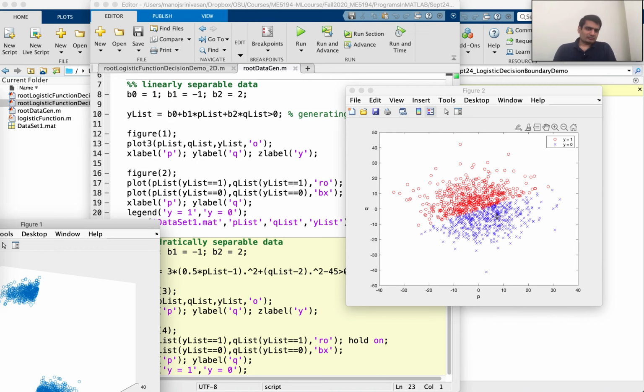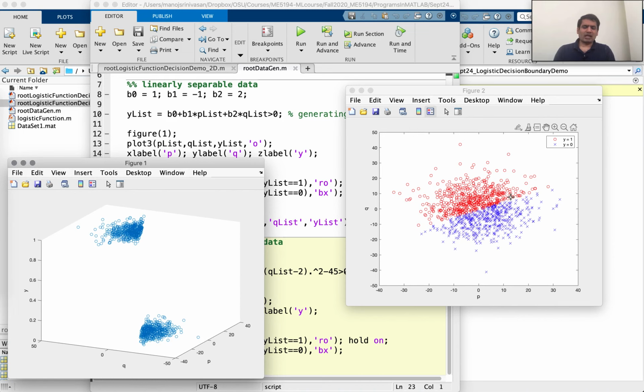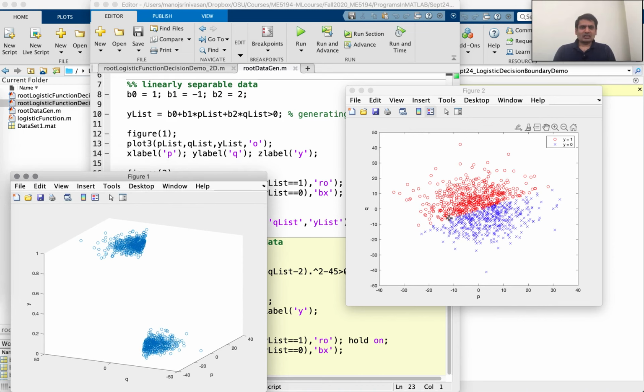That's what the data looks like. Instead of plotting in 3D, we plotted in 2D. Now it looks like there is a straight line in these two dimensions that separates the data where y equals 0 versus y equals 1.